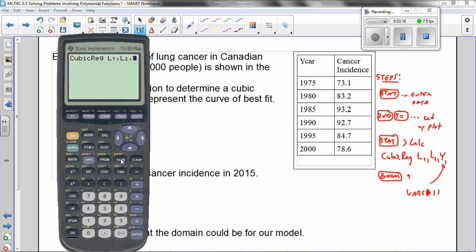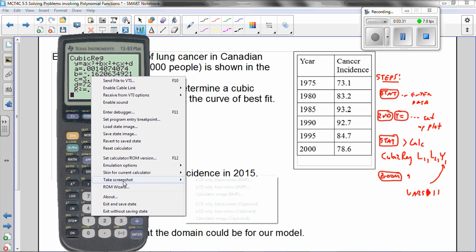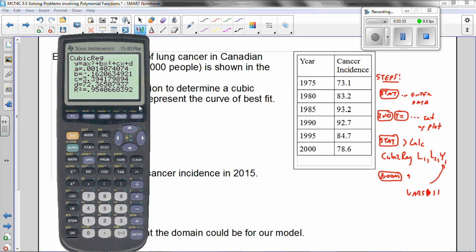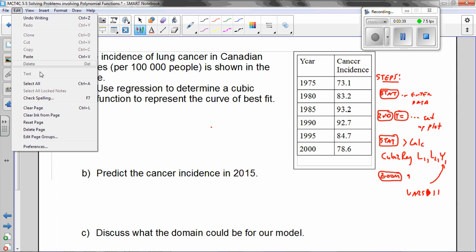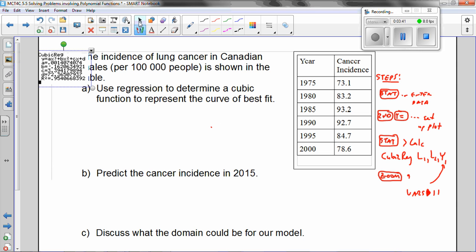And here I go. Vars over to y vars 1, 1. We'll actually put that in there. Now the command is waiting to be entered. Bam, there it is. And it's nasty. I realize that. I'm going to take a screenshot of it and then paste that in here. And then we'll interpret what the heck that means.